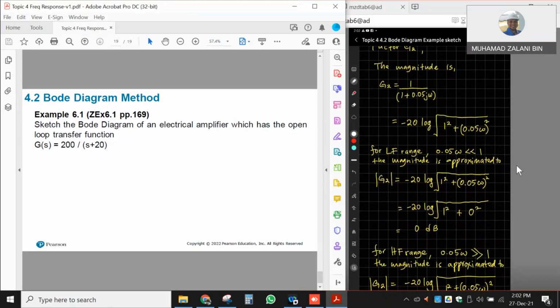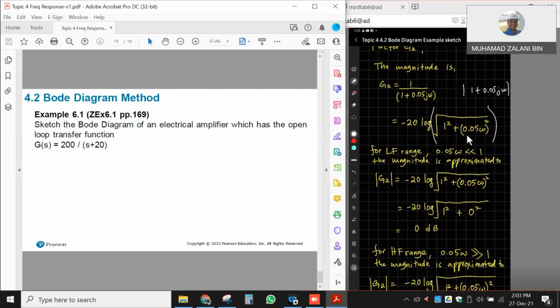Then we can do the reciprocal: the reciprocal of 1 plus 0.05 j omega gives negative 20 log of 1 plus 0.05 j omega.